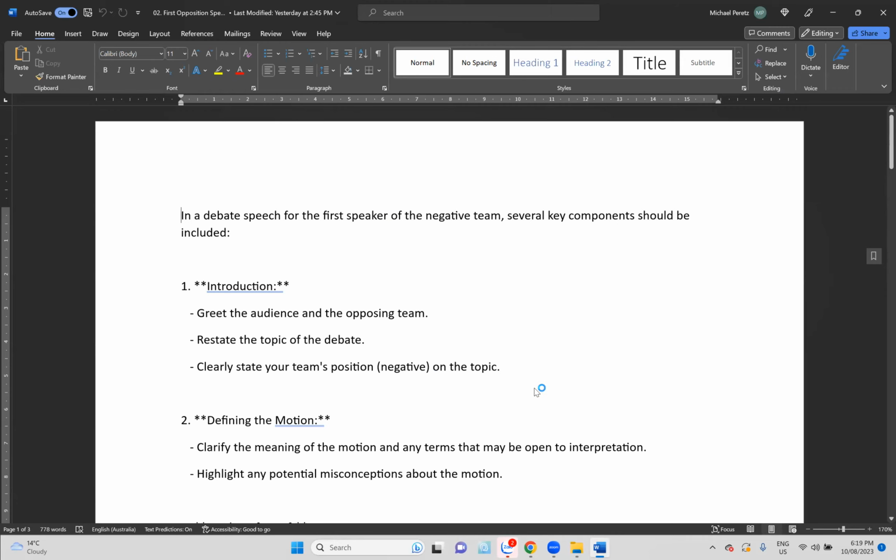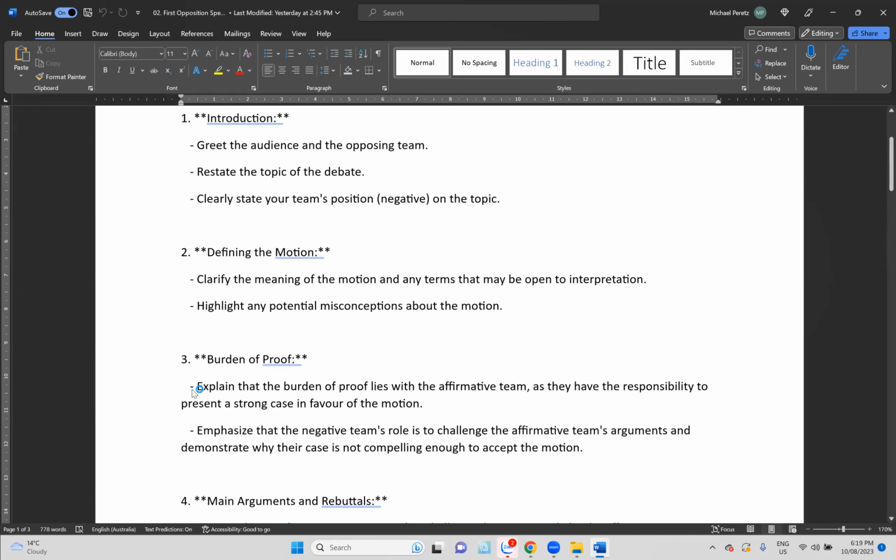Because remember, for the opposition team, they need to remind the audience of the burden of proof. So it is the proposition team's job to prove themselves correct, but it's not the opposition's job to prove themselves correct.